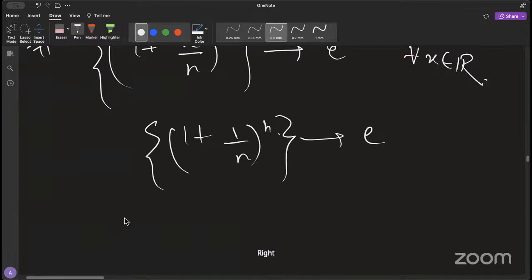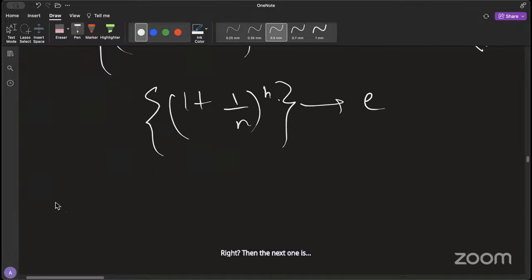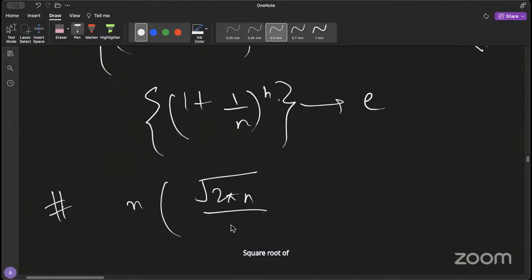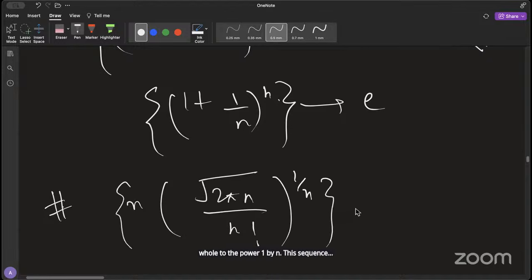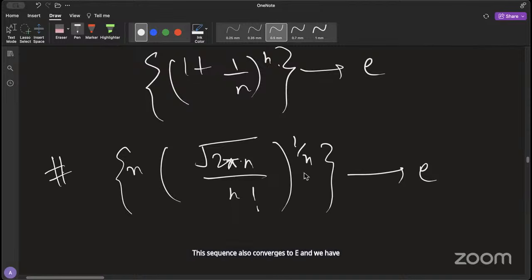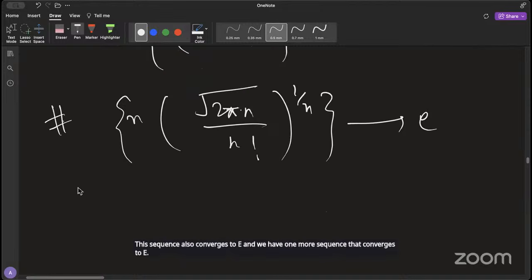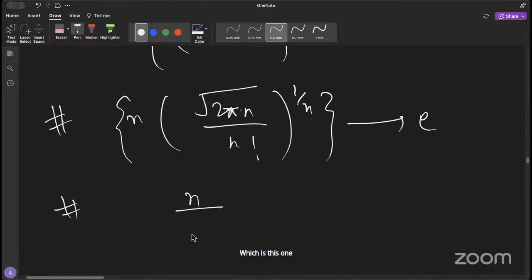Then the next one is the sequence nth root of (2 pi n by n factorial) whole to the power 1 by n. This sequence also converges to e. And we have one more sequence that converges to e, which is n by the nth root of n factorial. This also converges to e.